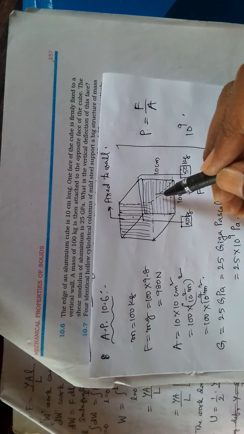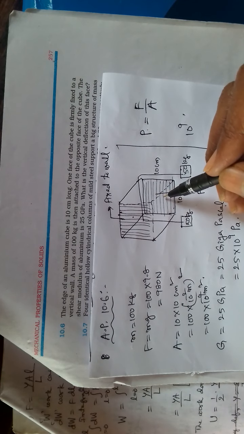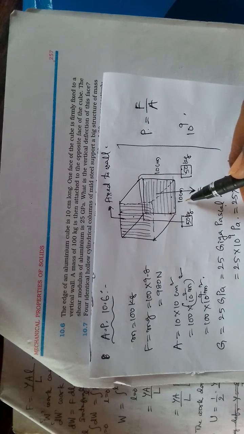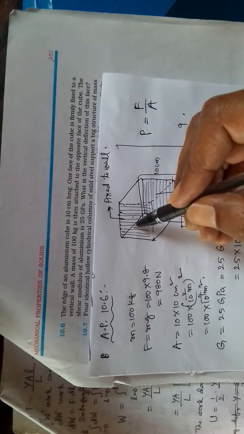Now let me write. What is asked in this? What is the vertical deflection of this face? Because of this load, this face will be displaced downward relative to this face, and the displacement is delta x. That is asked.